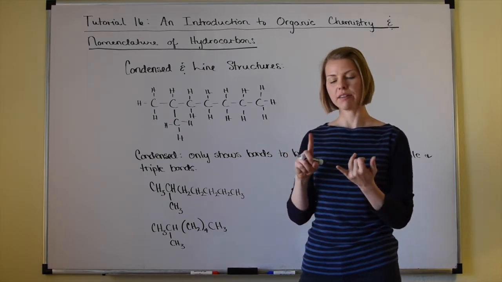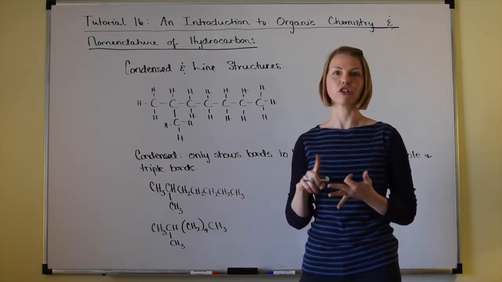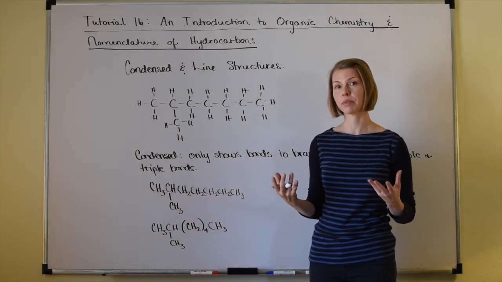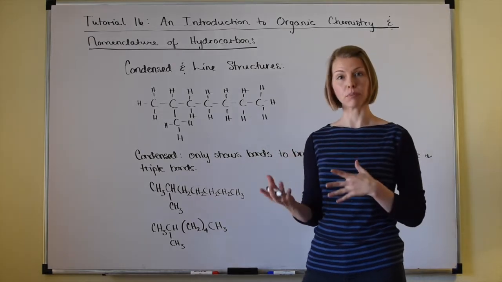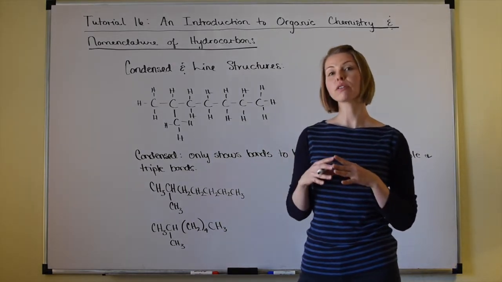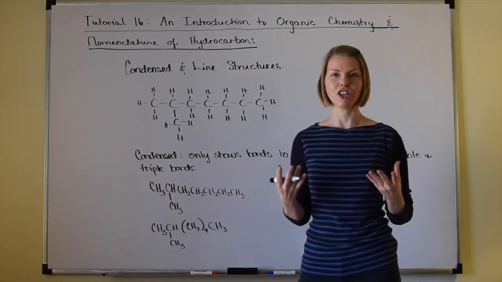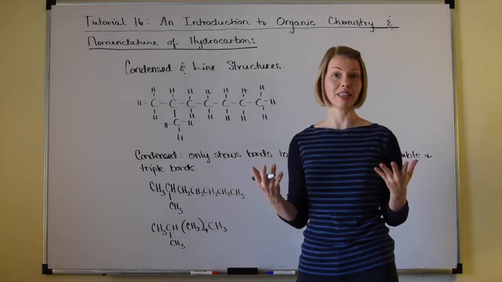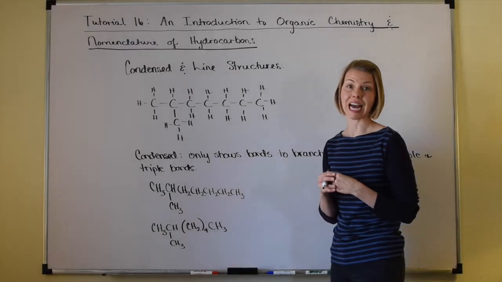So you would write in an oxygen or a nitrogen or a sulfur or a halogen or something other than carbon and hydrogen. You show double bonds and triple bonds, and you also show molecular geometry. So it's a very convenient, nice way to show the molecular geometry with a line structure.